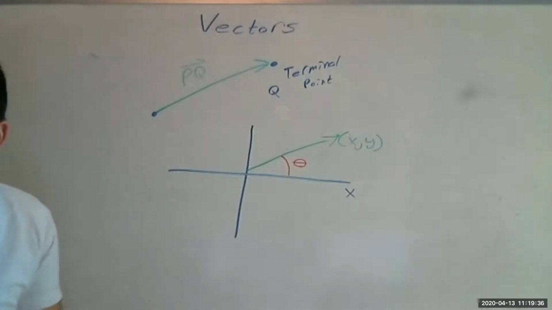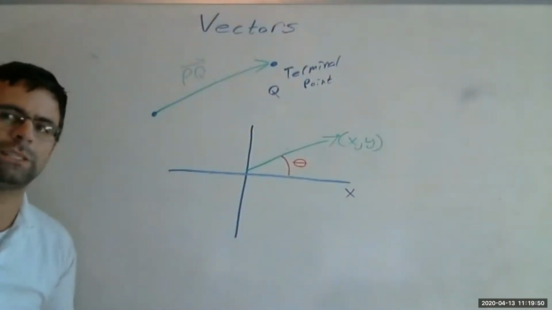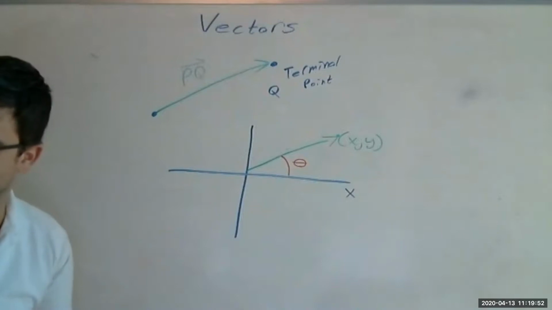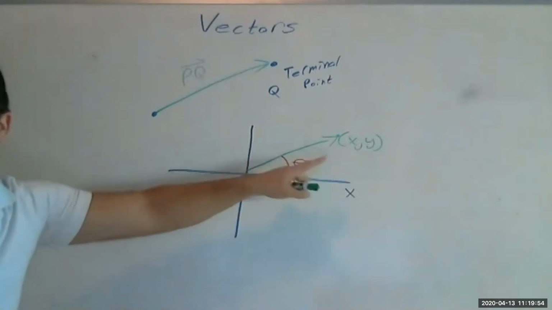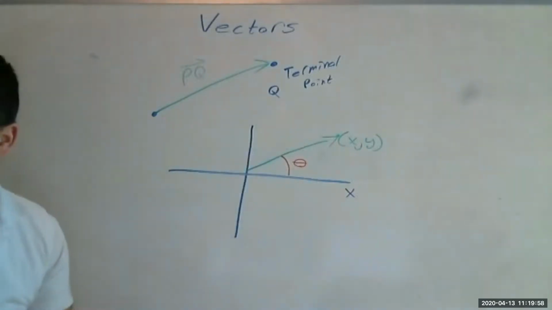X is the point on the x-axis. Okay, a little bit more to that. What do you mean it's the point on the x-axis? This point is not on the x-axis. It's up here.